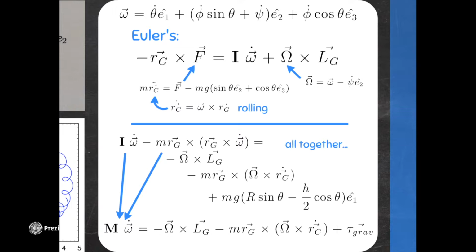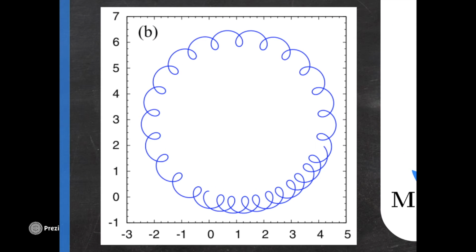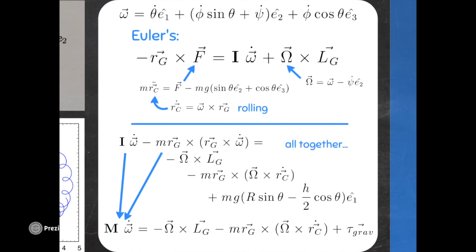The details of this are not too important, but think of it as being one object that acts on omega dot. Now, to simulate this, we act on both sides with the inverse of this matrix M, so that we get an equation for omega dot that we can integrate and get the trajectory. So you see the other terms, there's a gravitational piece and all the others. Okay, so that's exactly what the authors did.